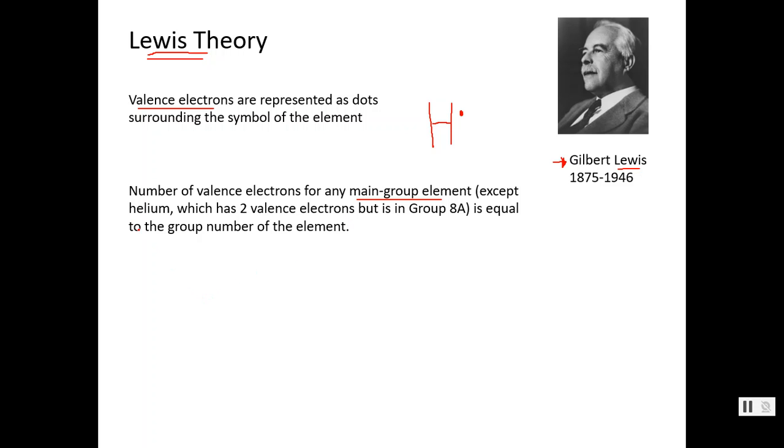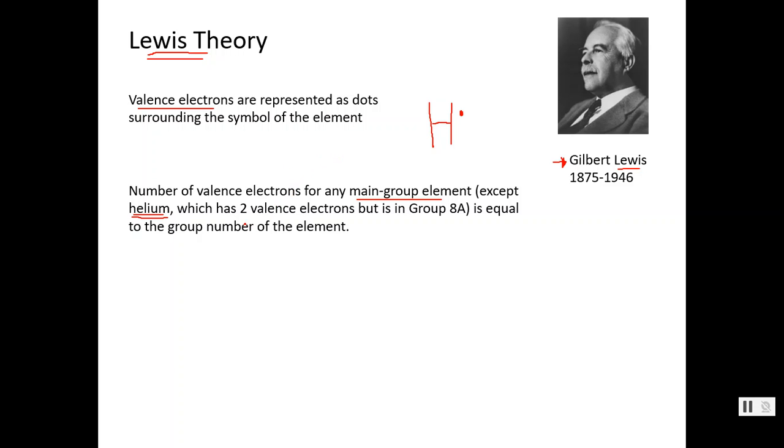The one exception is helium. We usually put helium over by the noble gases, but helium's electron configuration is just 1s2, so helium just has 2 valence electrons. Okay.